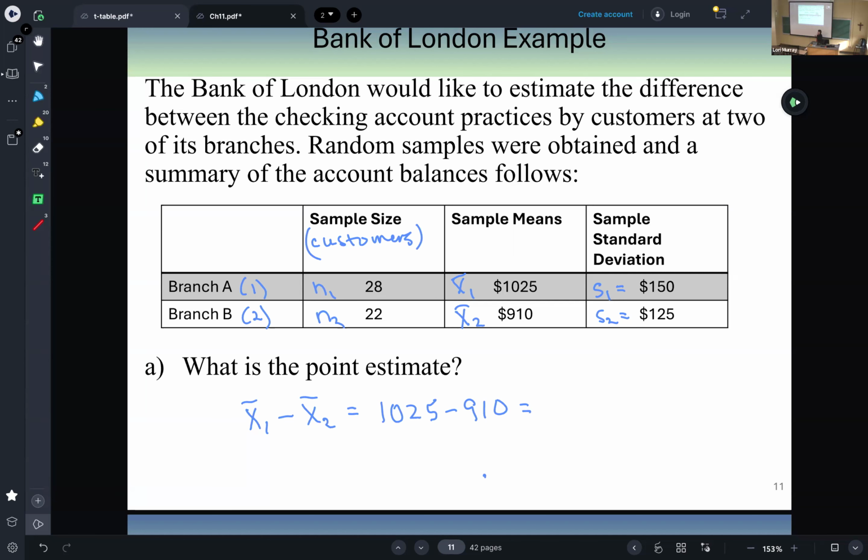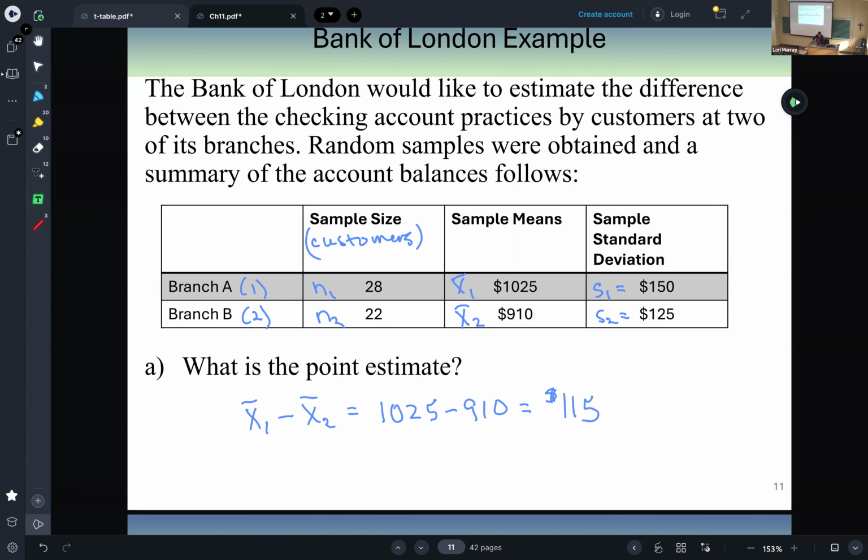What's the difference in the amounts between the 2 branches? Anybody have a? Yes, thank you. 115.